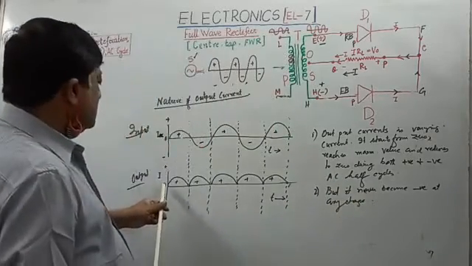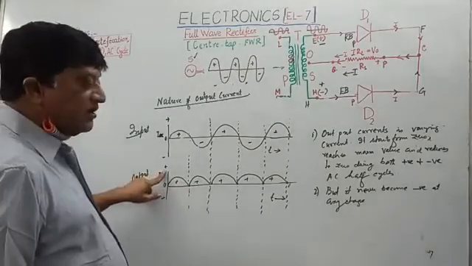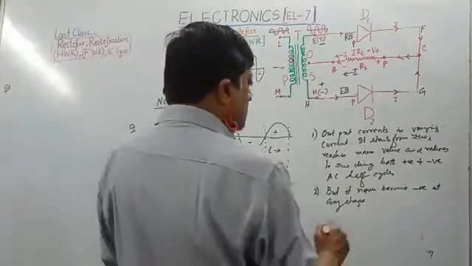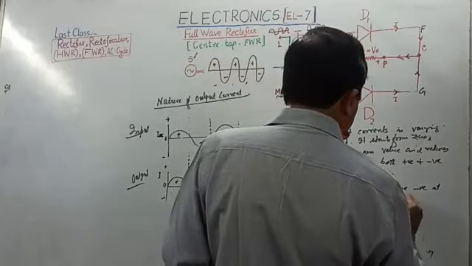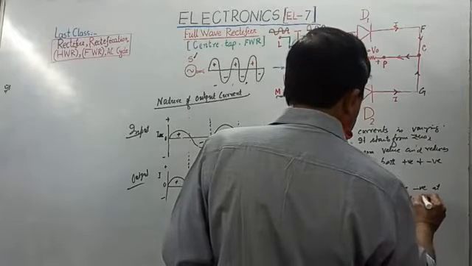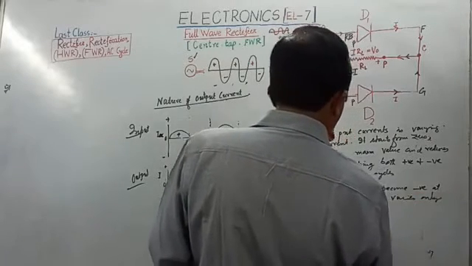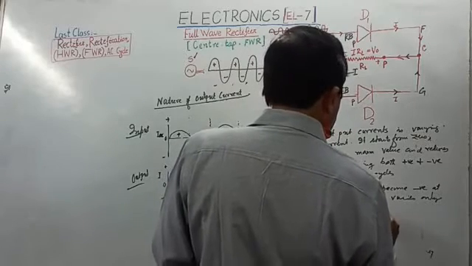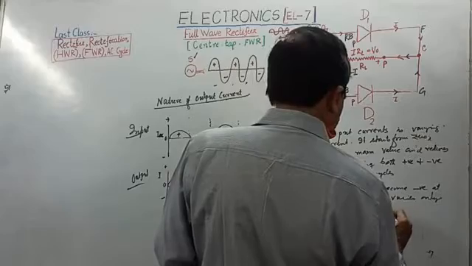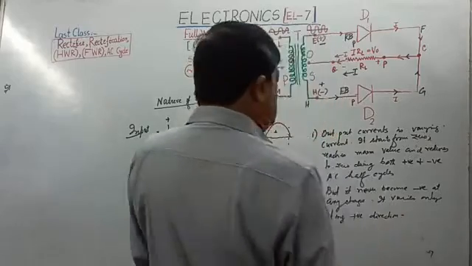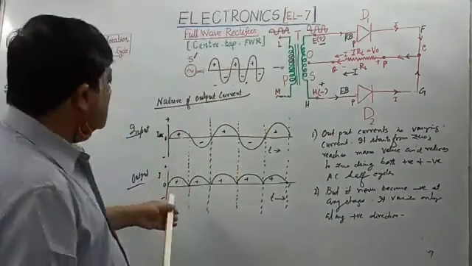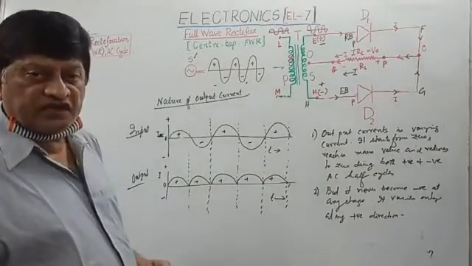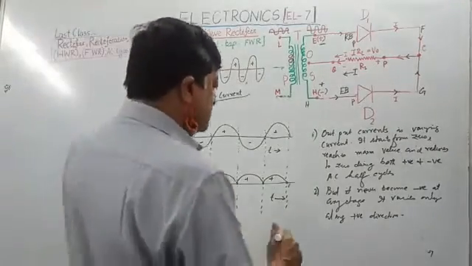Okay? It varies only in which direction? Positive direction. It varies only along positive direction. So, is the current bidirectional or unidirectional? Current is unidirectional.